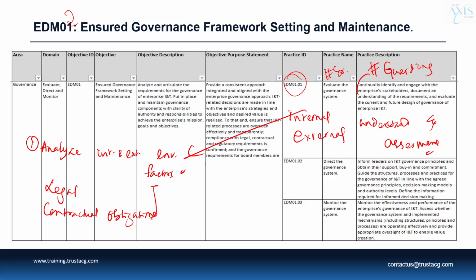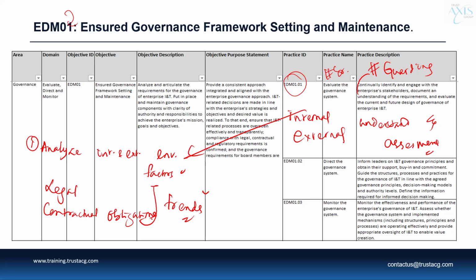And at the same time, you will also need to understand what the trends are in the industry and what your competitors are doing. Okay, that might have an impact on the design of your governance system.